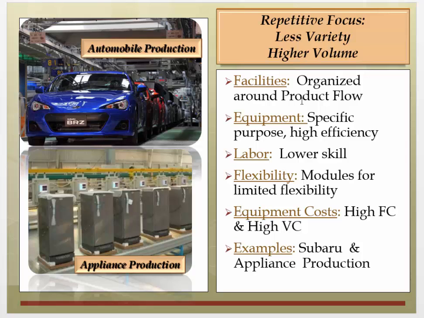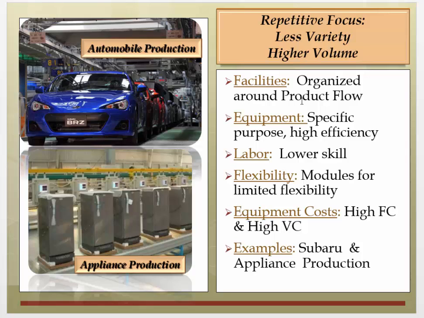The skill of the labor force is lower, of course, than for the job shop, because these people pretty much do exactly the same thing every day. It's all very scripted. The flexibility is limited, but modules enable some level of flexibility that we haven't always had in these types of shops.